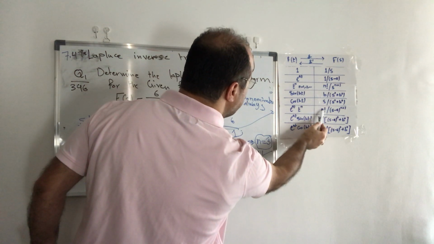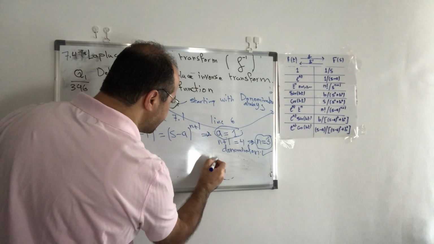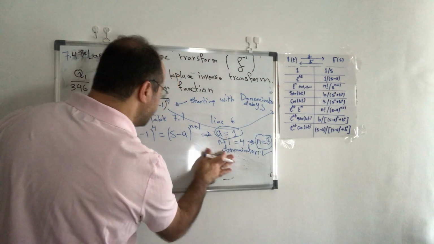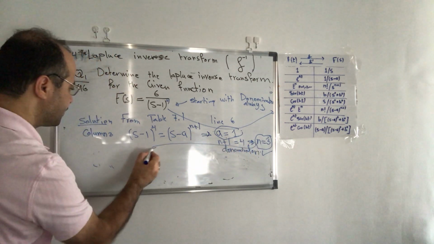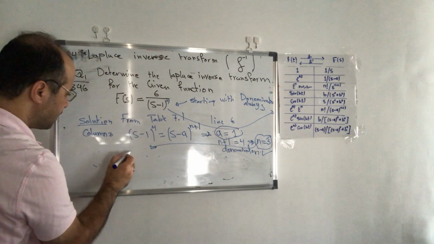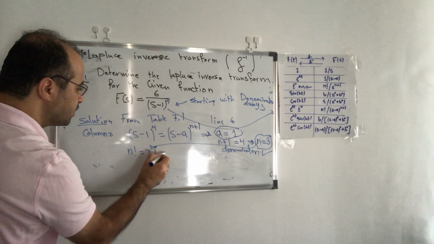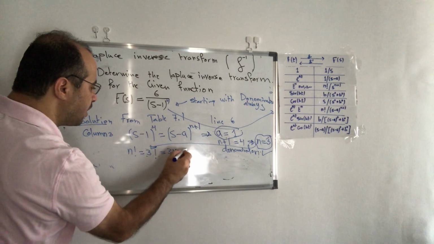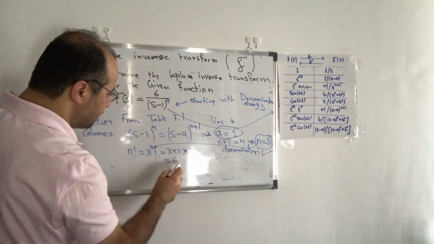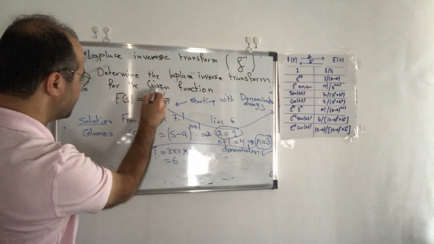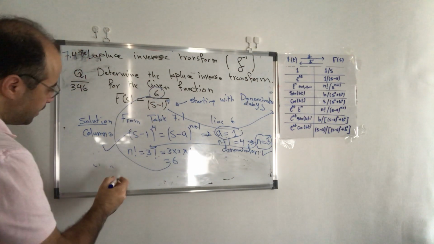When you get n, check the numerator. n factorial is 3 factorial, which is 3 times 2 times 1, right? And I'm getting 6. Is that the numerator? Yes. If it is yes, then you are done.